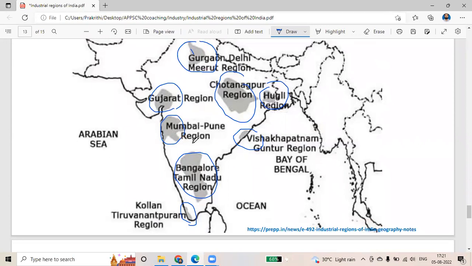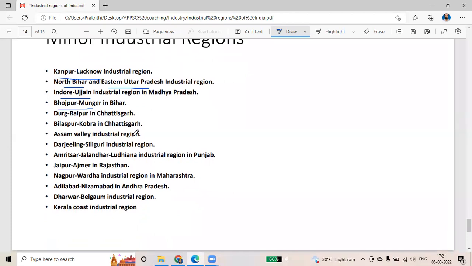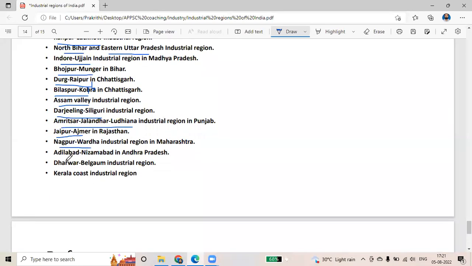Other than this, we have some more smaller industrial areas, not relevant, but I am giving the names here. These consist of the Kanpur-Lucknow industrial region, North Bihar, East Uttar Pradesh industrial region, Indore-Ujjain industrial region, Bhojpur-Munger industrial region, Durg-Raipur industrial region, Bilaspur-Korba industrial region, Assam Valley industrial region, Darjeeling-Siliguri industrial region, Amritsar-Jalandhar-Ludhiana industrial region, Jaipur, Ajmer, Nagpur, Wardha, Adilabad, Nizamabad, Dharwad, Belgaum, then Kerala coastal industrial.